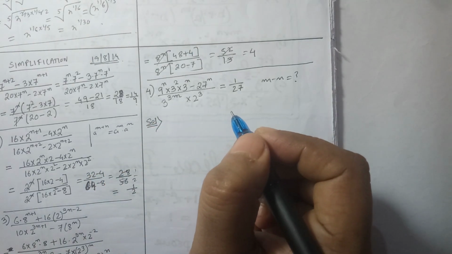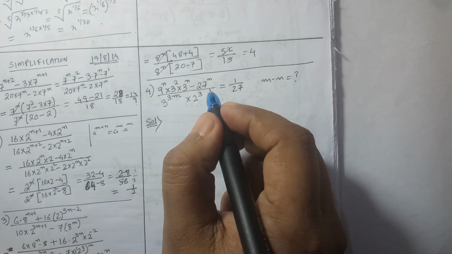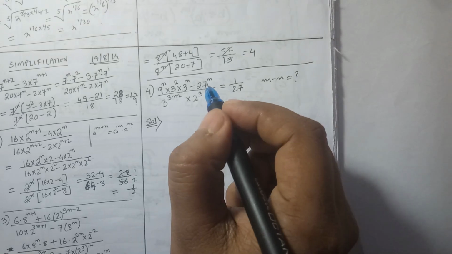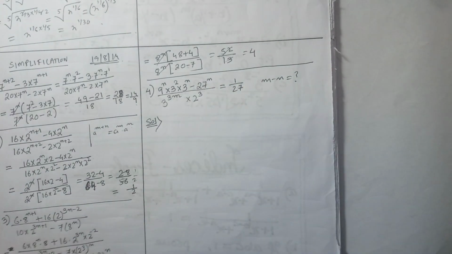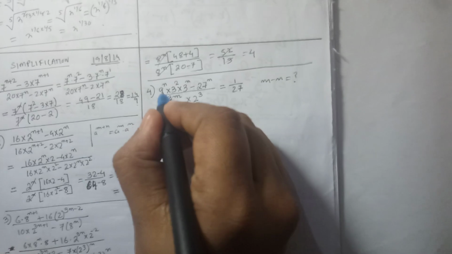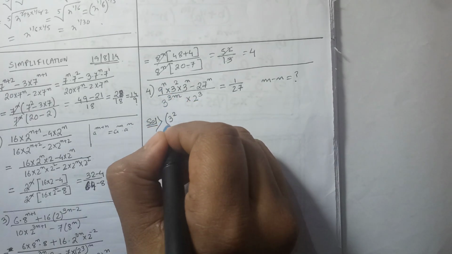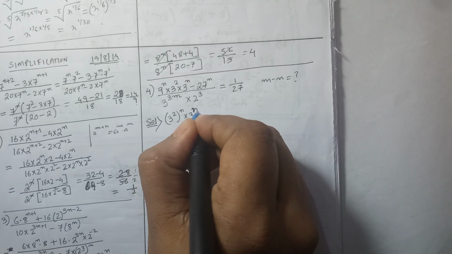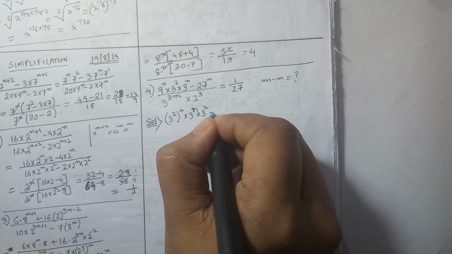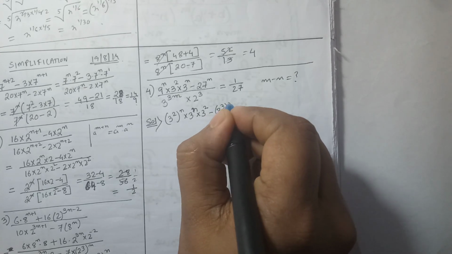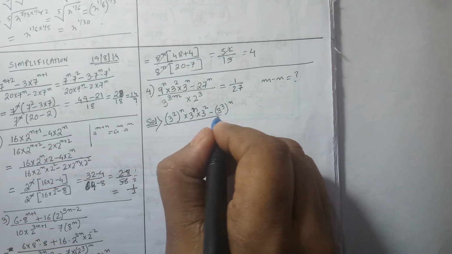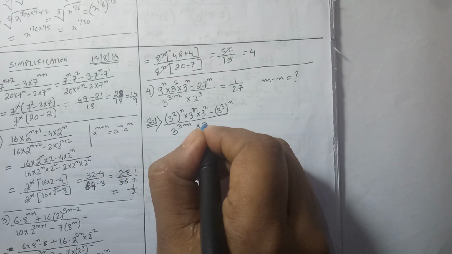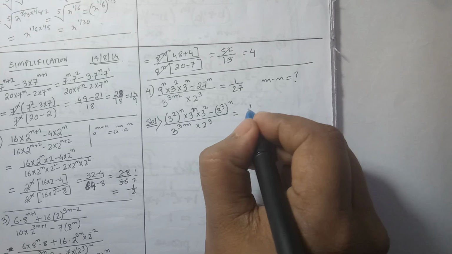Okay. See, this I can write as 3 square n minus 3 cube n, one by 3 cube.